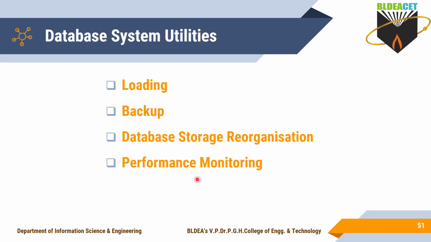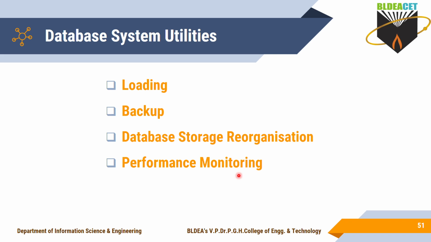Next is performance monitoring. This utility is usually used for monitoring the database usage, and it also provides statistics to the database administrator. The database administrator uses the statistics in making decisions such as whether or not to reorganize the files.